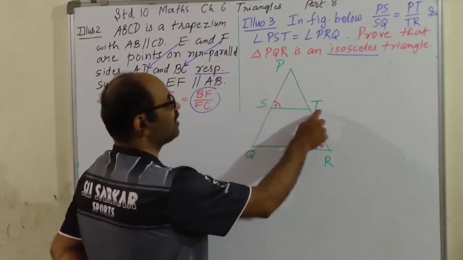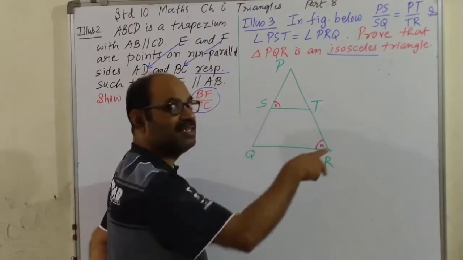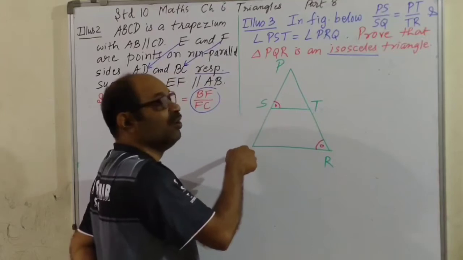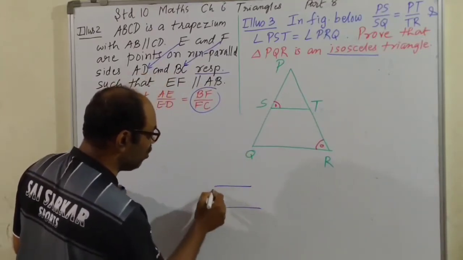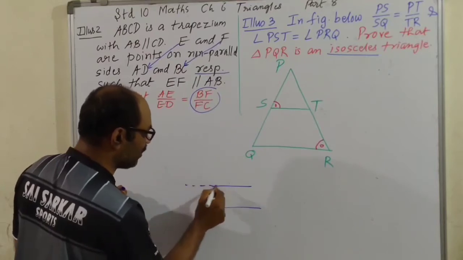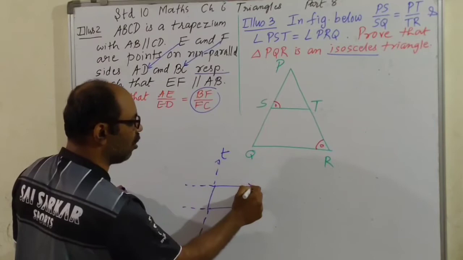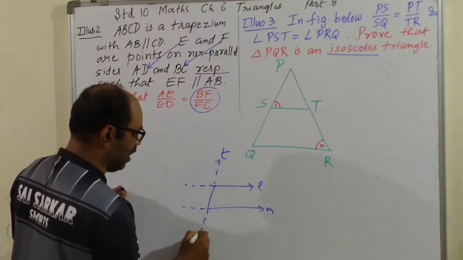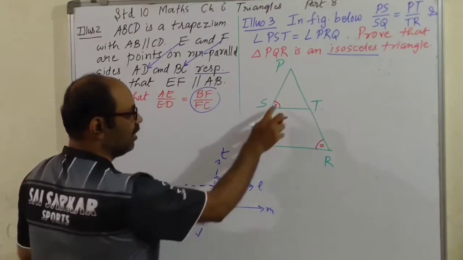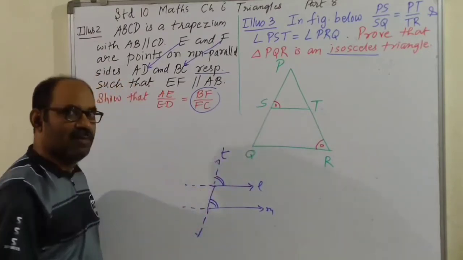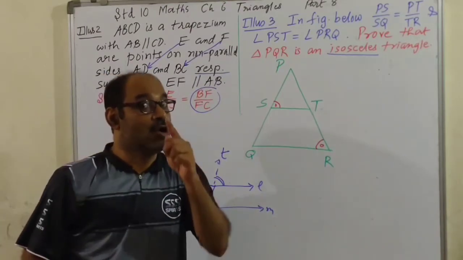Children, ST and QR are two distinct lines and SQ is a transversal. If you extend it, it becomes transversal T, and these are line L and line M. Then this angle and this angle will be a corresponding pair of angles, and corresponding angles are congruent.